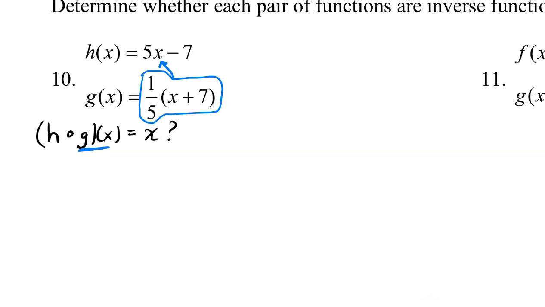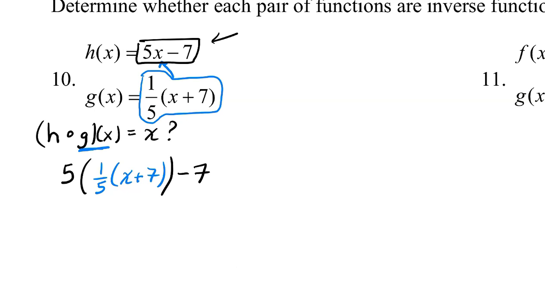Here's our g of x function, 1/5 x plus 7. That's what I have circled right there. And we're going to plug that into the h function, so I'm plugging it in where the x is. So we have a 5, we have a -7. That's what this function's telling us to do. Now I'm going to simplify that.